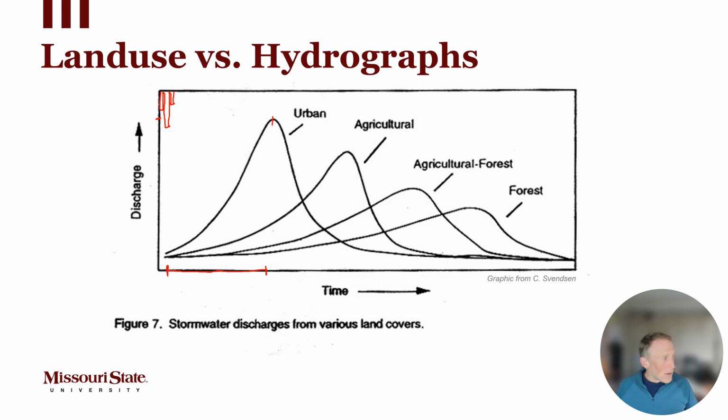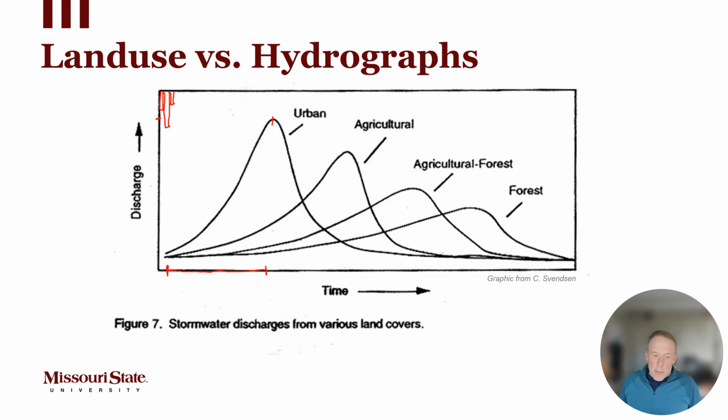So all the water that falls on the impervious surface in my urban watershed immediately runs off into a storm sewer. That storm sewer directs that water to a nearby stream, and all that water gets in the stream really quickly. So what we get is a rapid increase in flood stage, a rapid increase in depth, and then a rapid decrease. This is called a flash flood.